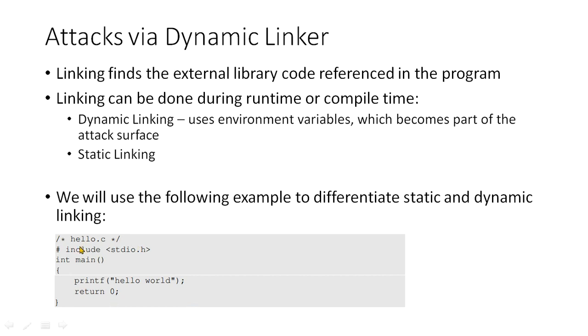In the first book about C, they wrote this short program, which has now become very famous. Whenever you learn a new programming language, surely this will be the first program. It shows how simple that programming language is. We have this program, we just print out the string hello world, but we will look at two different ways to compile this program. The first way is dynamic linking, and the second way is static linking.